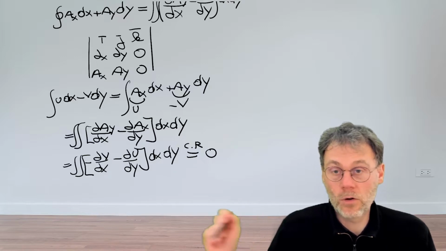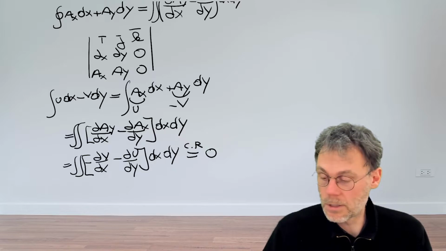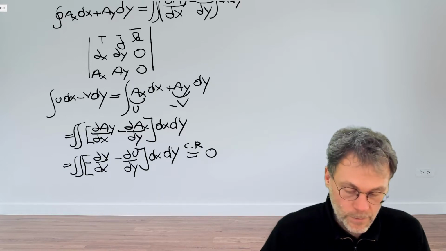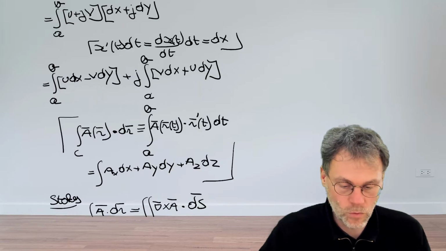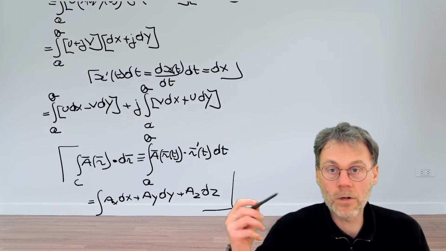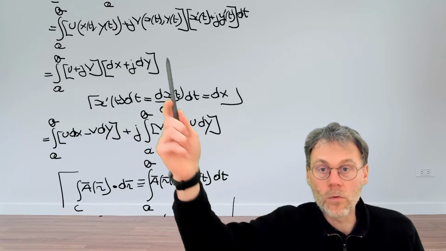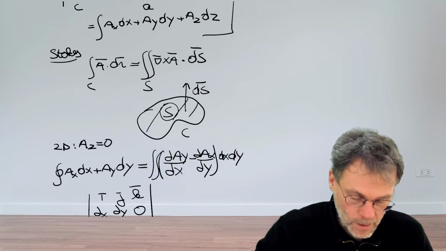So pause the video and do something very similar to show that the imaginary part is 0 as well. Very similar here for the imaginary part. The integral is, if we scroll back, so what do we have here? We have this particular integral, so v dx plus u dy.